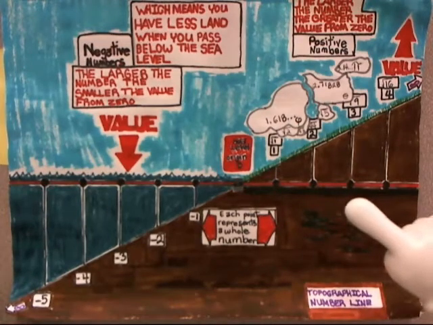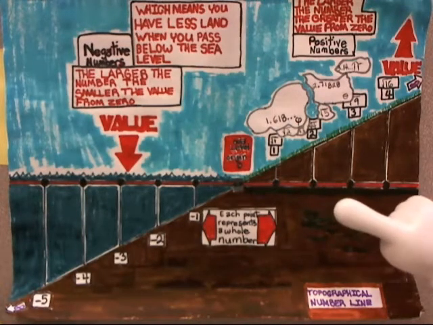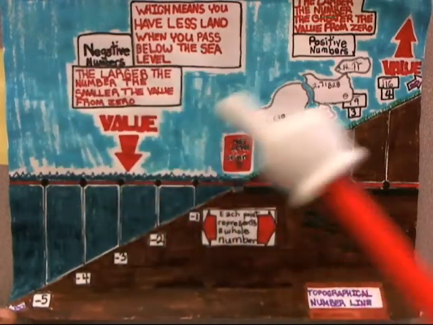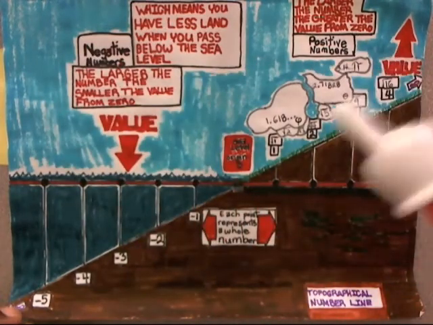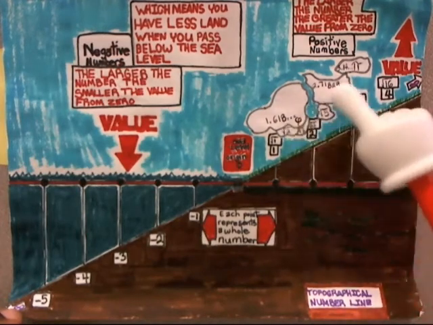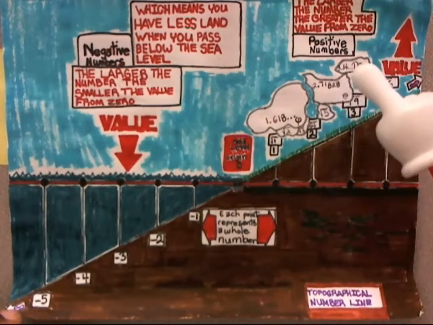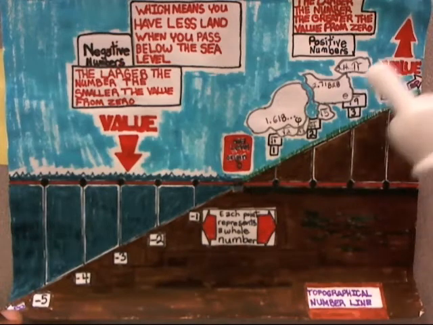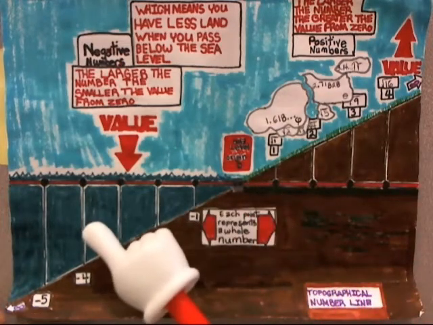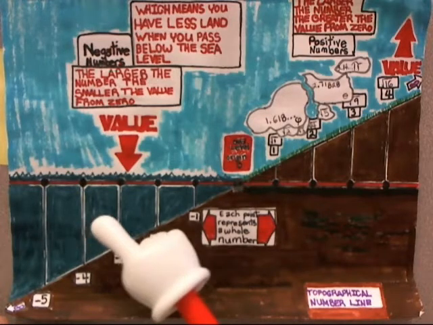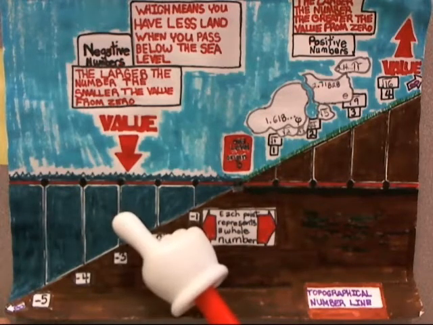This represents land. The blue right here looks like the sky. So what you're looking at is the sky. These gray little white things here, those are clouds. And this blue right here represents water, like the ocean.